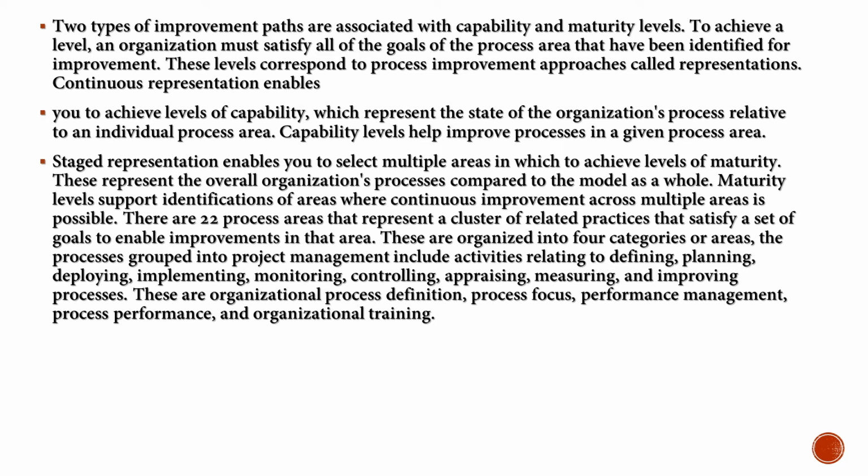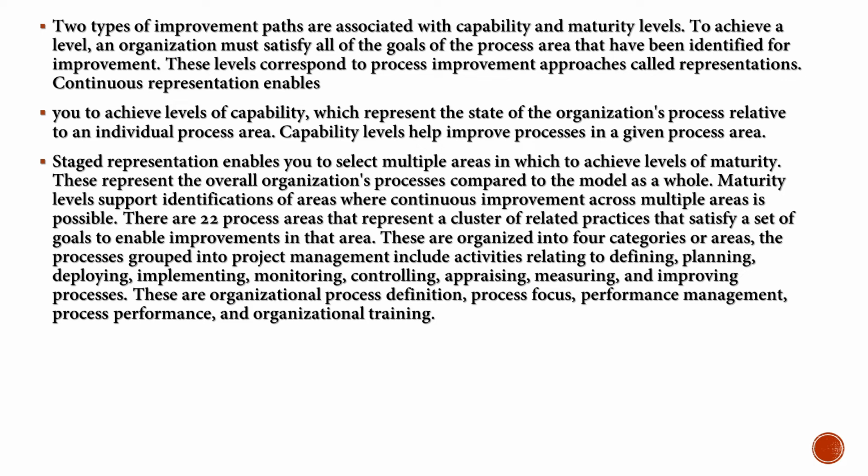Continuous representation enables you to achieve levels of capability, which represent the state of the organization's process relative to an individual process area. Capability levels help improve processes in a given process area.